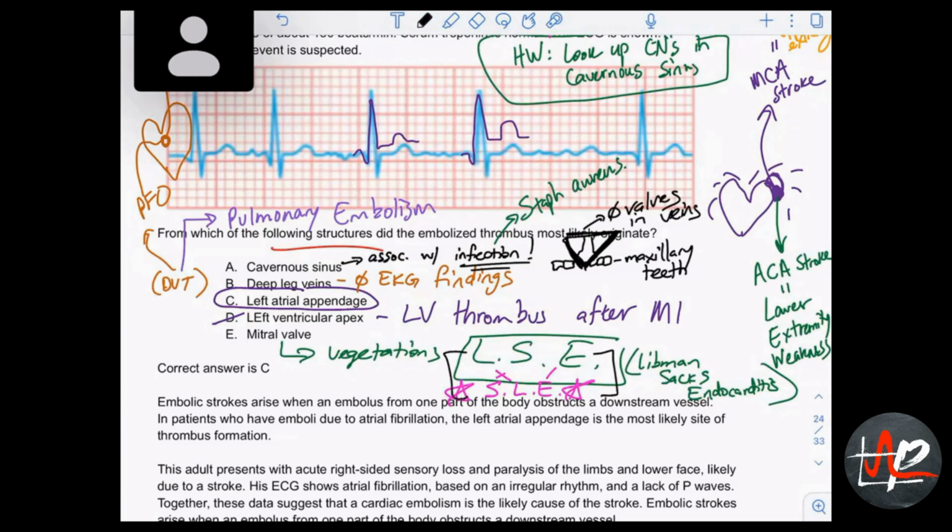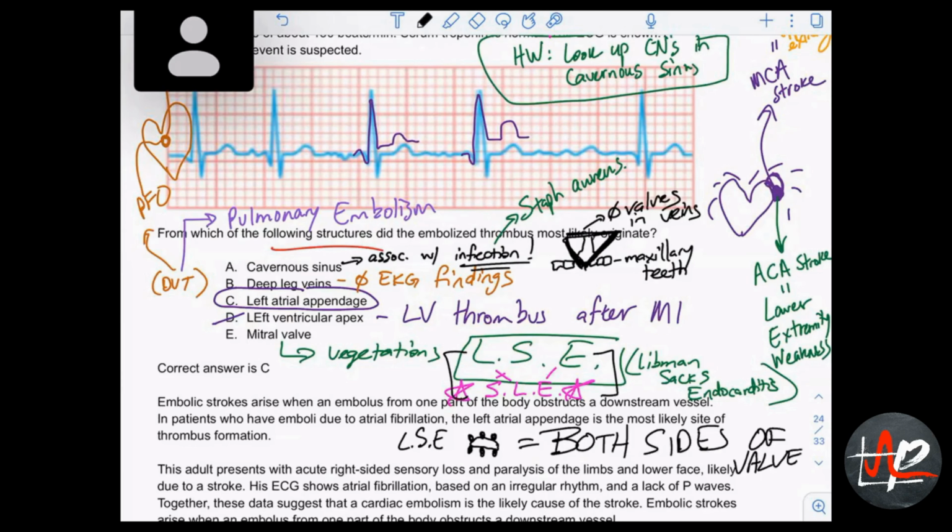And so if here's your mitral valve, let's just say this little circle is your mitral valve, you actually get these Libman-Sacks vegetations on both sides of the valve. You need to know that it's on both sides of the valve.